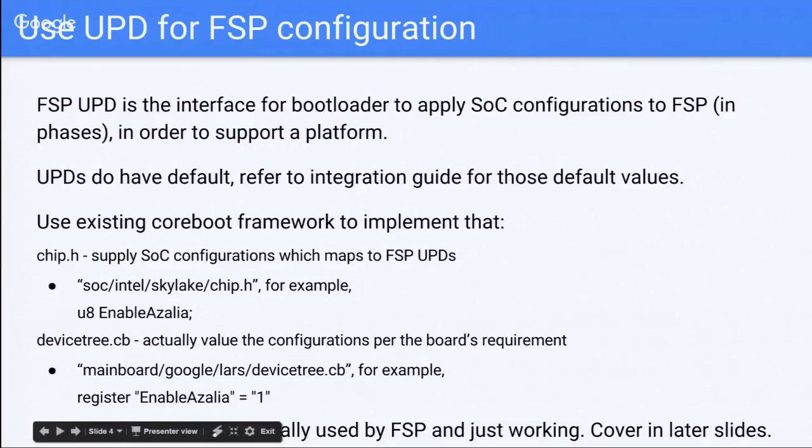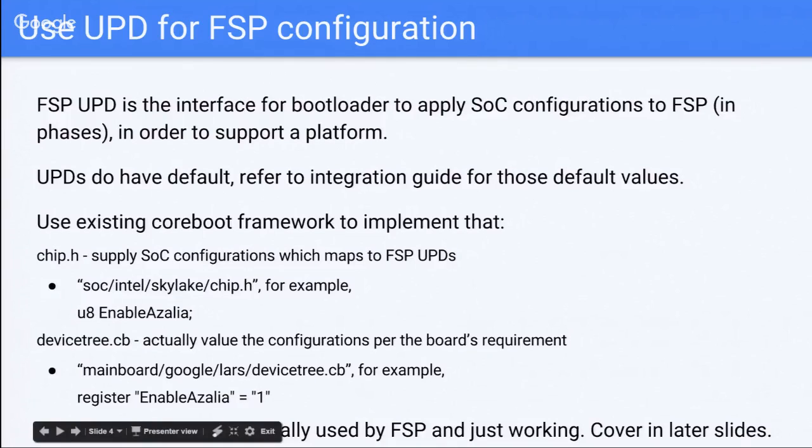We use the existing coreboot framework to do that, right? So chip.h will supply the SoC configurations, which map to the FSP UPDs. If you look at the chip.h under soc/skylake, there's a big list of configurations that are mapping to the FSP UPDs. I have an example there.